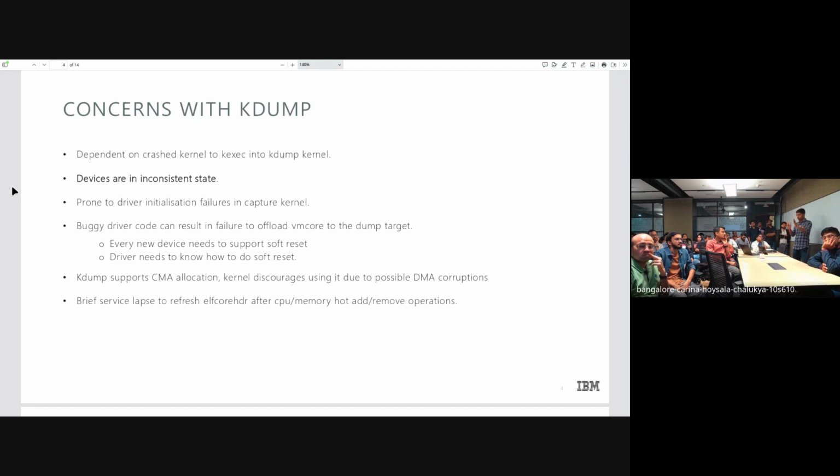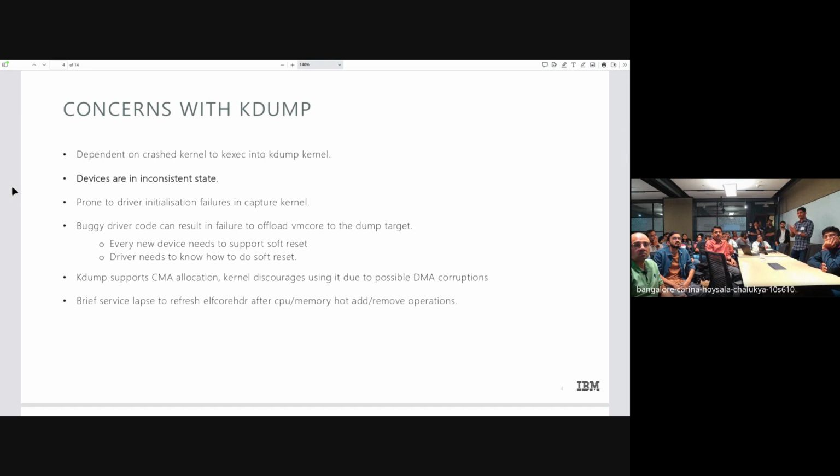When the switch happens from the first kernel to the second kernel, there is no one to stop this DMA. So it is possible that the DMA started by user space to the CMA region might still be going on while my second kernel is booting, which can corrupt the second kernel's memory. So the basic idea here is that the root cause is the devices being in an inconsistent state. That causes the CMA issues, us not being able to use CMA. Everything is due to the devices being in an inconsistent state.